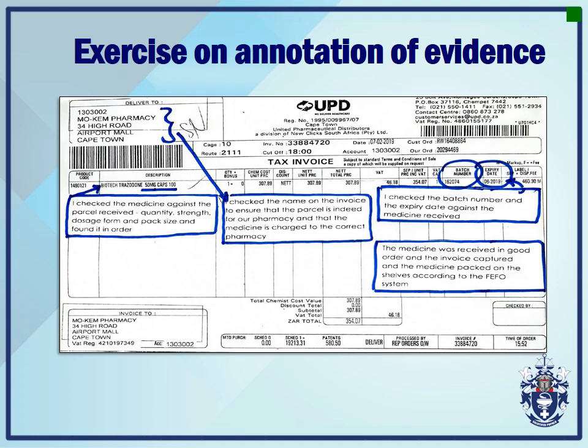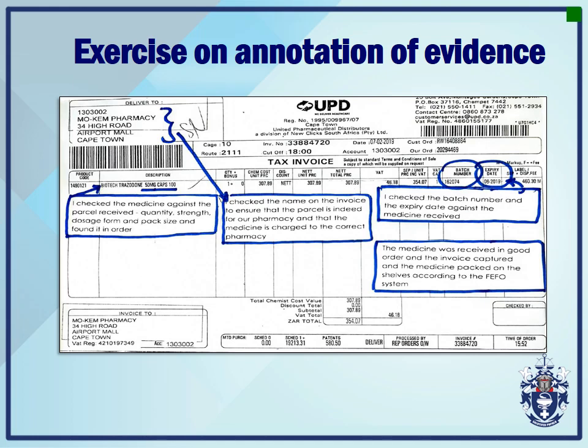The third block on the top says, I checked the batch number and expiry date against the medicine received. The medicine was received in good order and the invoice captured and the medicine packed on the shelves according to the FIFO system. This is an example of a detailed annotation that tells the story of what was done.